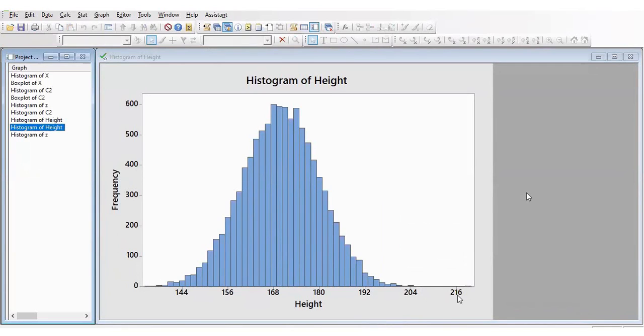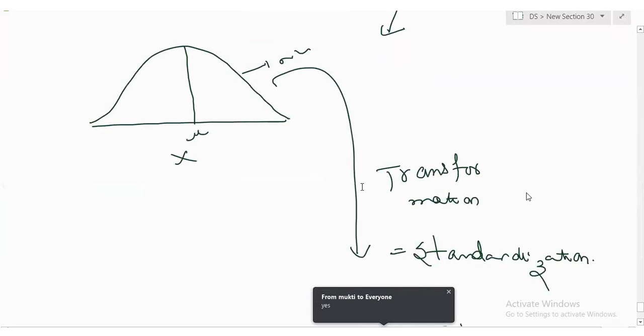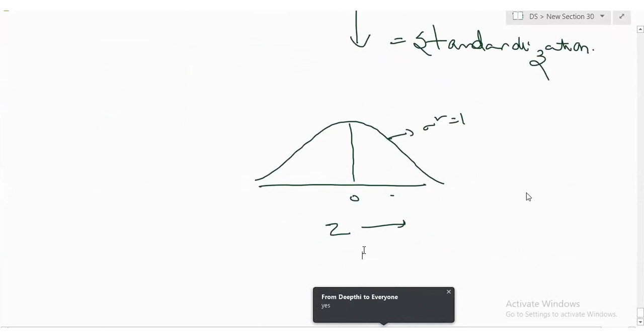This is a very, very important step which you need to understand. There is no concession. You need to understand. Friends, you guys understood what I've done? Moving from this graph to this graph is called standardization. I standardize the data. The process is called standardization, and this is also called a transformation.